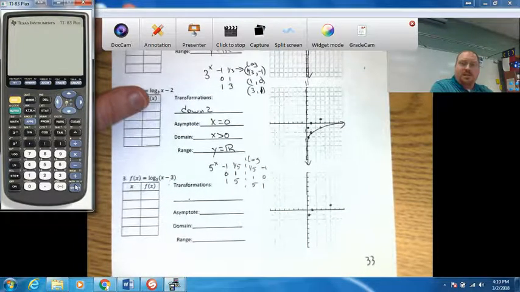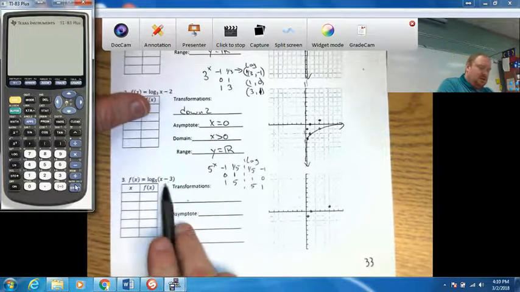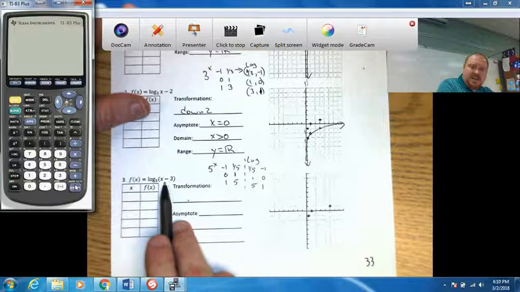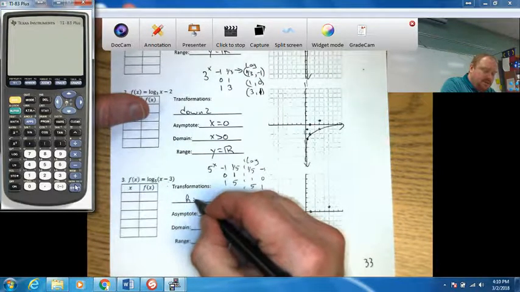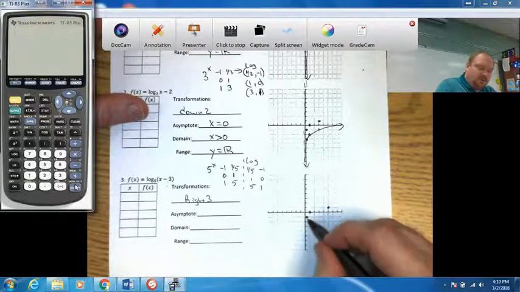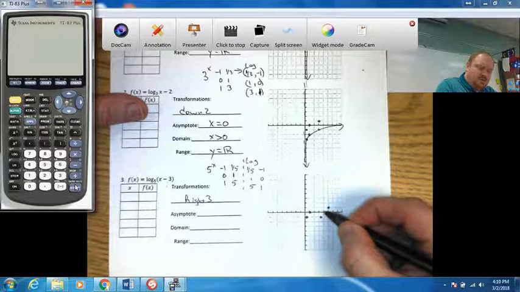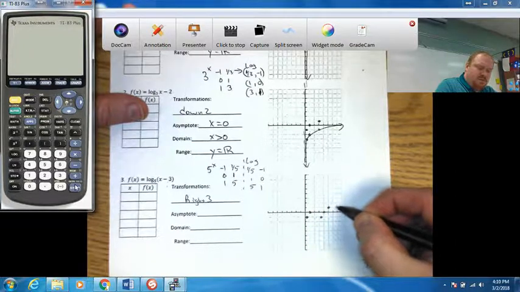The parentheses tell you this is intended to be a horizontal shift. So, we still do opposite the sign, so it is right 3. So right 3, so 1, 2, 3 for each point.